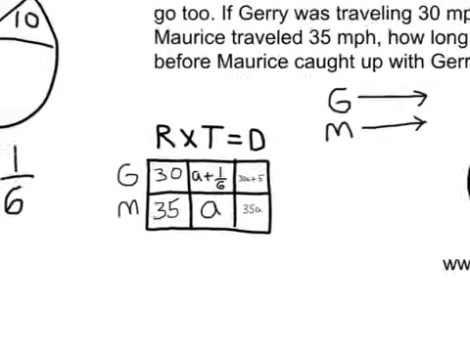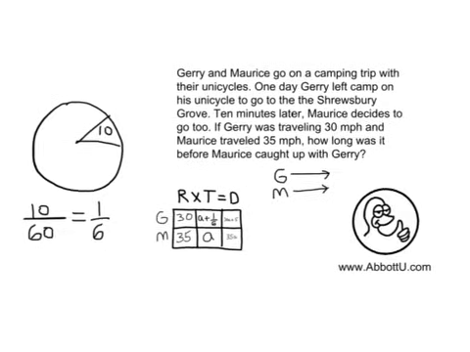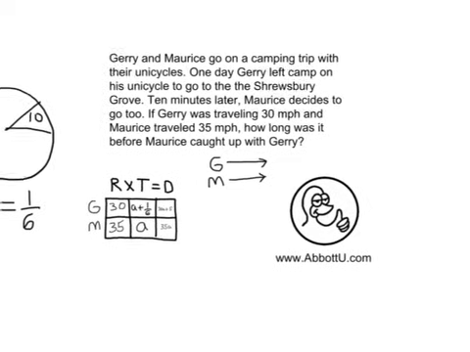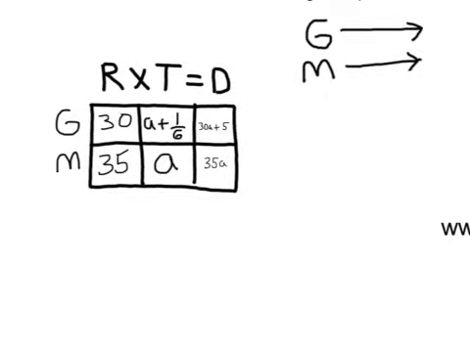Now, similar to many of the other problems, the distance traveled by both of them was the same. So this distance right here equals this distance right here. Let's set up an algebra equation that enables us to solve for a.